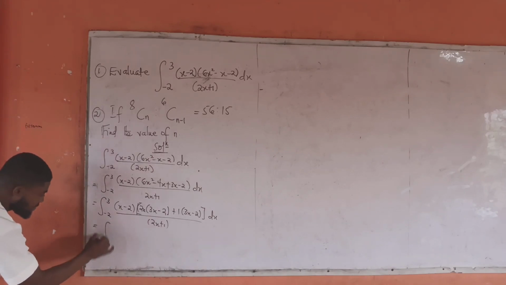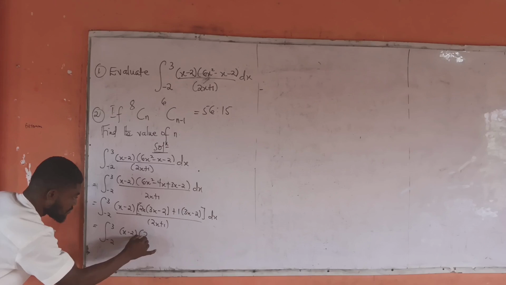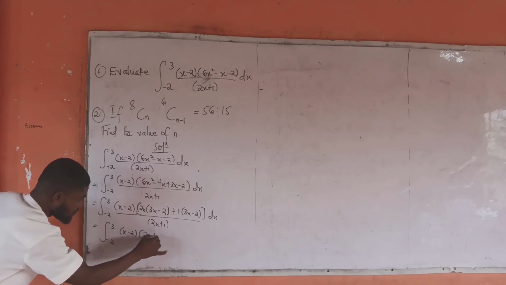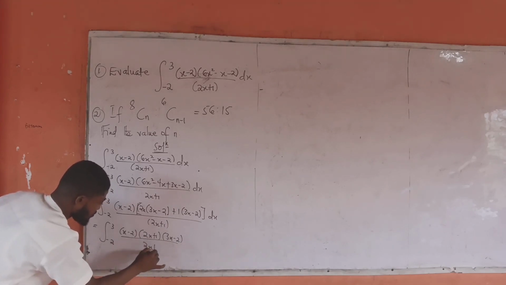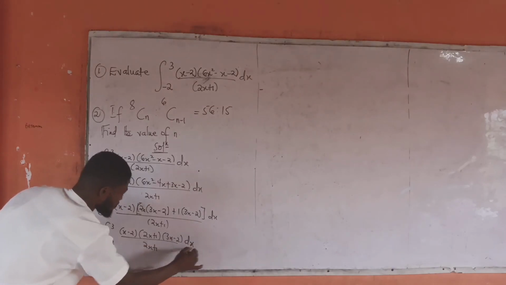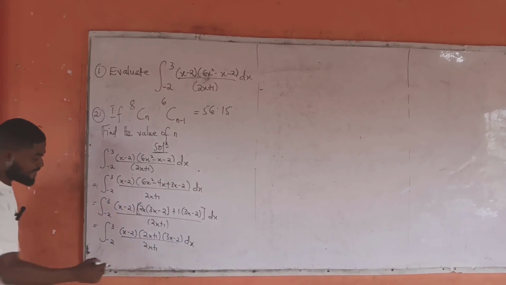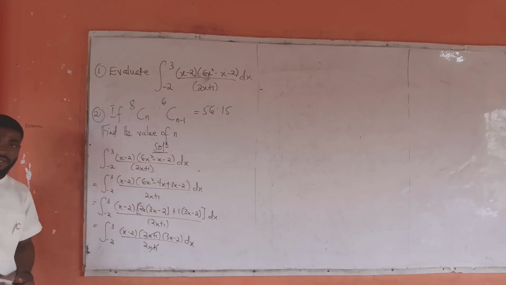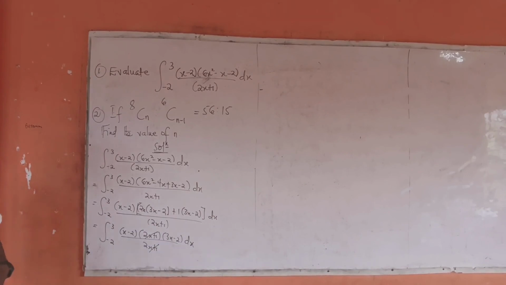Now I continue to have this. From here you can see that it will be very simple if I cancel this one. After cancellation, I'll be left with 2 brackets to expand, which would make my work a bit easier as compared to having 3 or 4 brackets. So from here, I want to write at the top here.